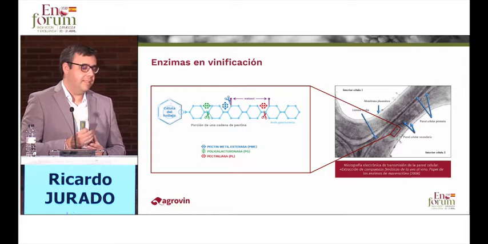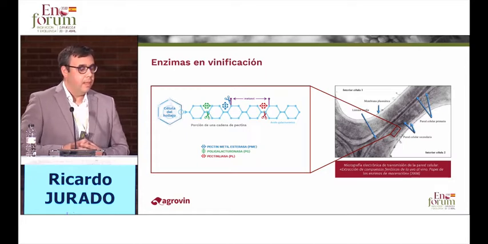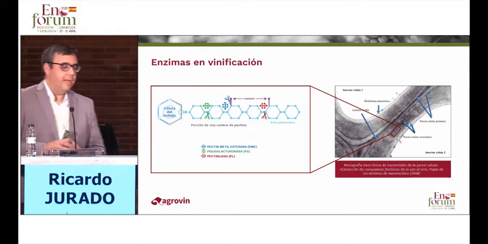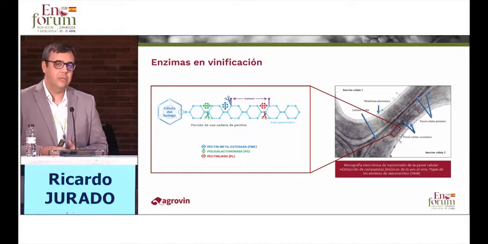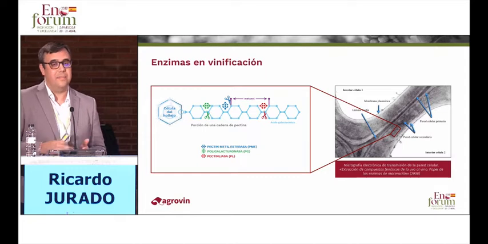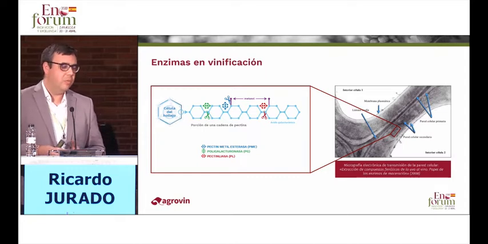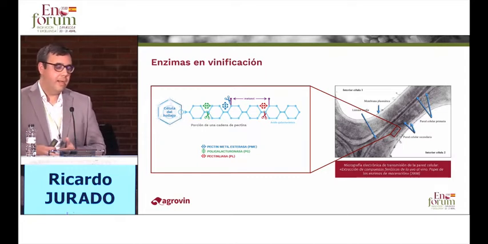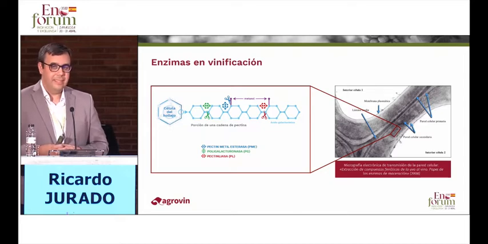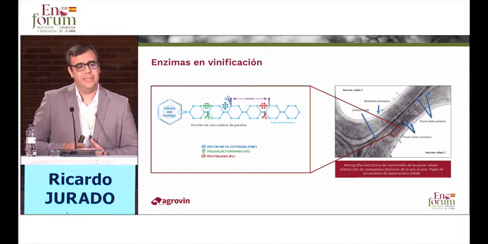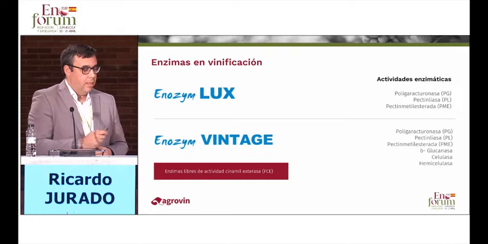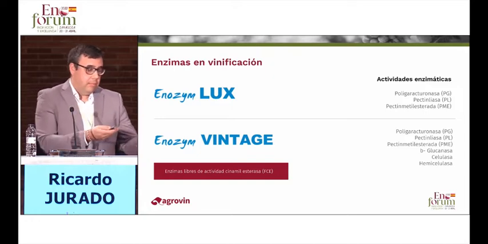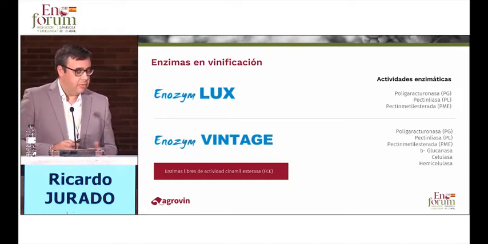Therefore, if there is no methyl group, then this pectin chain is not going to be broken. Then we also have polygalacturonase, which is doing the same job as the pectin lyase whenever this chain is demethylated first. And that's why pectin methyl esterase needs to work first. So the combination of these two enzymatic activities is essential to break the cell wall.